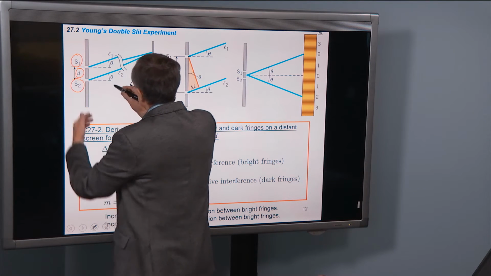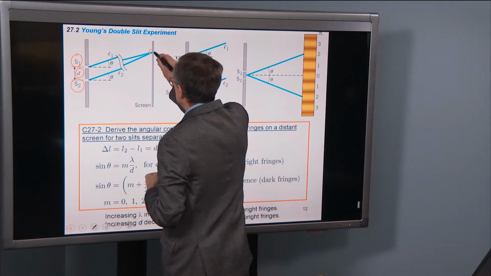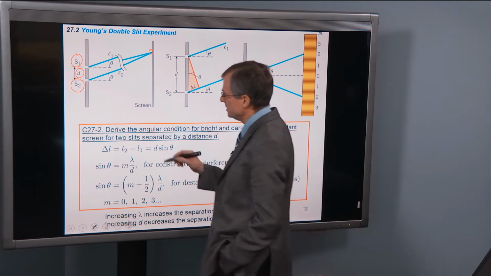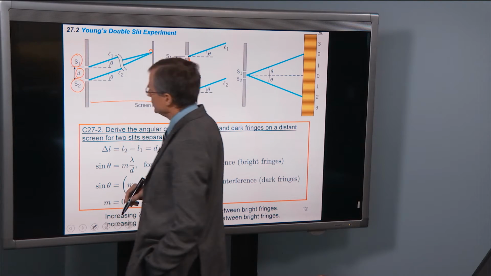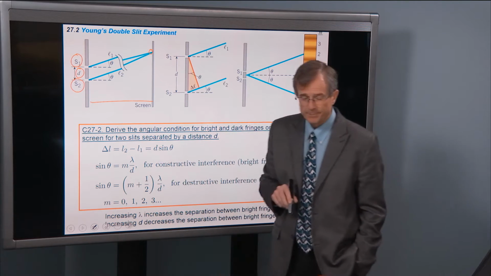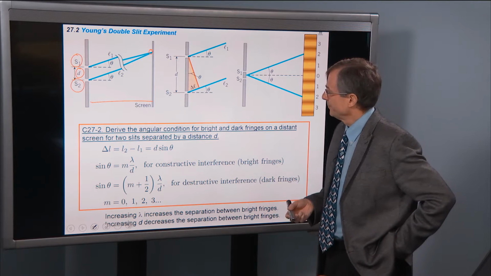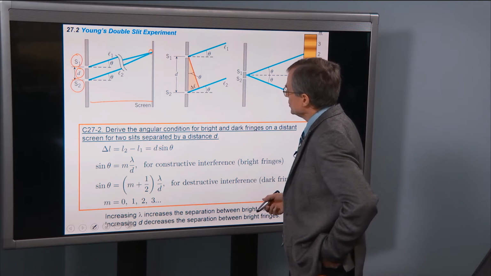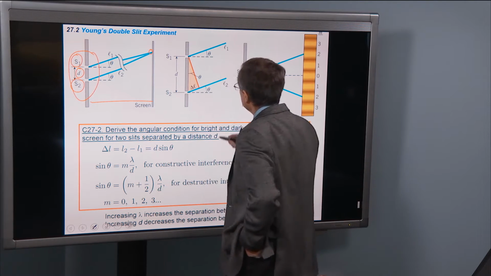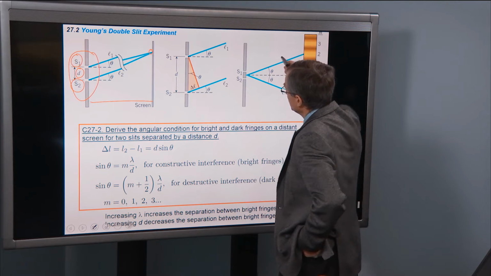Then the two lines that are actually leaving here and going out to converge at a point on the screen, they look parallel to each other as long as this distance to the screen is large compared to d. So this is an approximation, but a very good one that also makes the algebra a whole lot easier. So then if we blow up this little portion of the diagram here, those are path length L1 to the screen, path length L2 to the screen.